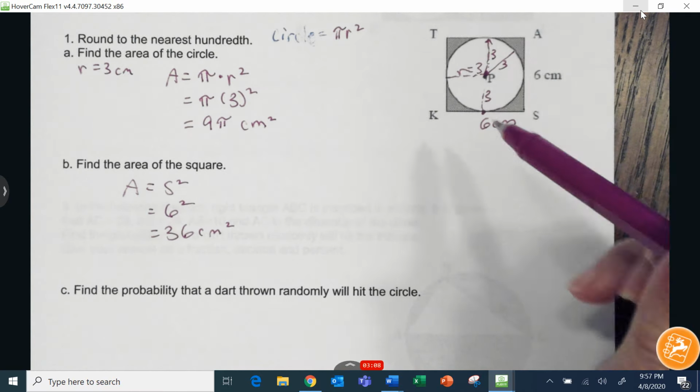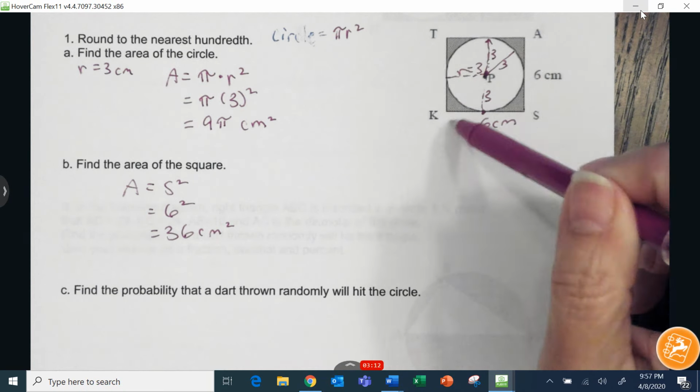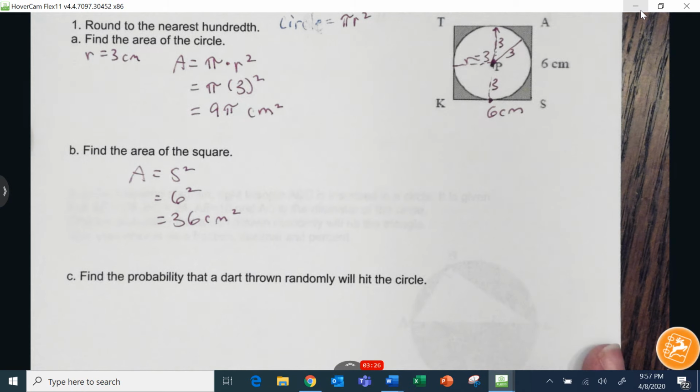So here's our geometric probability part. If we take a dart and we throw it randomly and it hits anywhere on this picture, what would be the probability that the dart will hit the circle? So let's see.